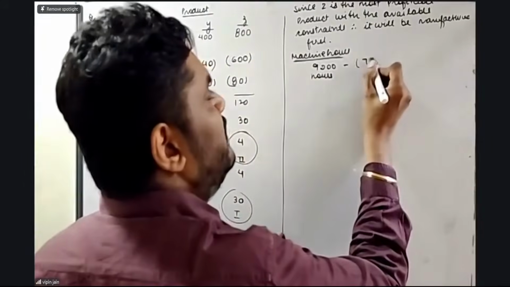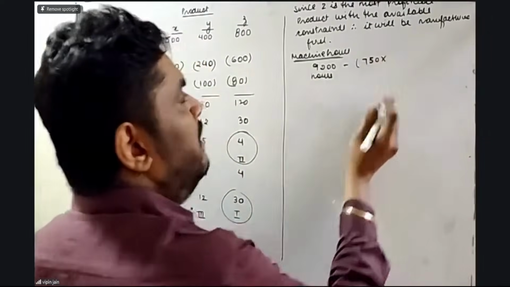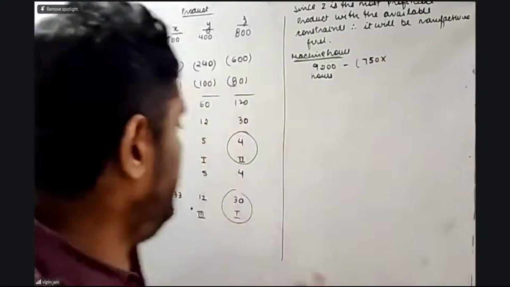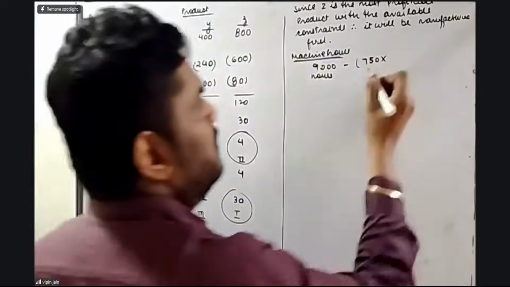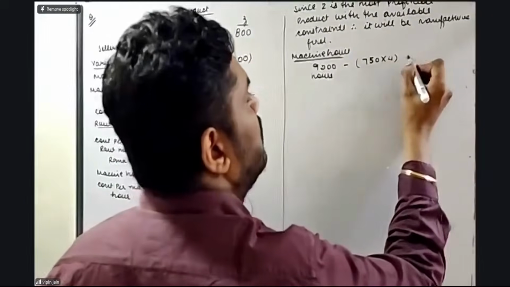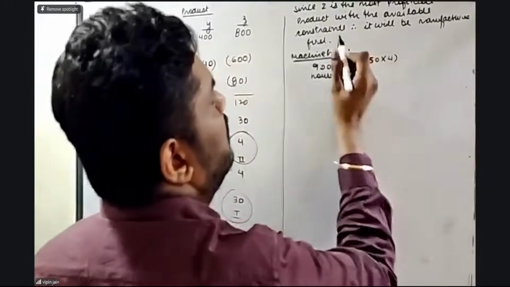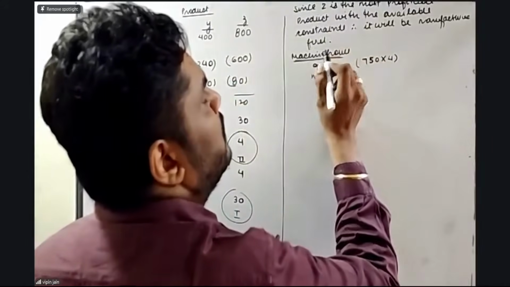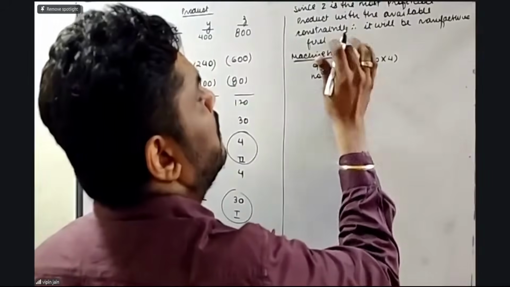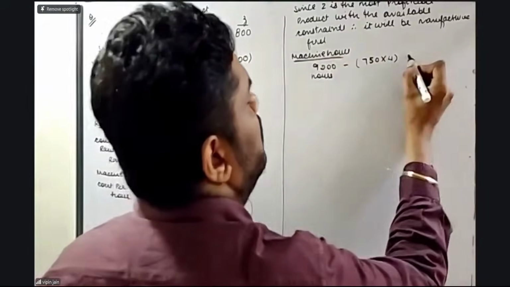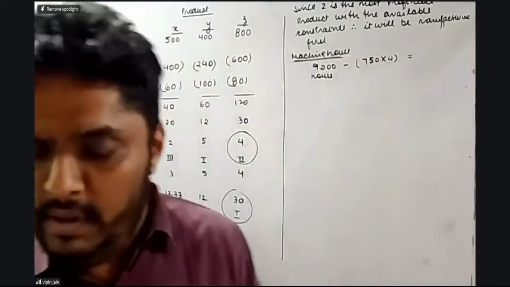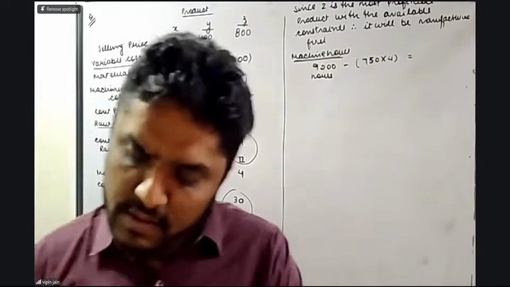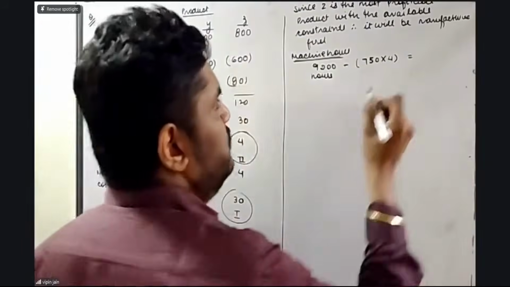So 750 units will be manufactured. And one unit requires how many hours? It is given in the question. One unit requires 4 hours. So 9,200 minus 3,000, it will be 6,200.